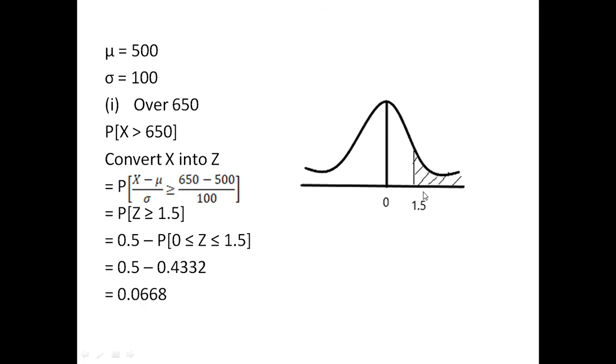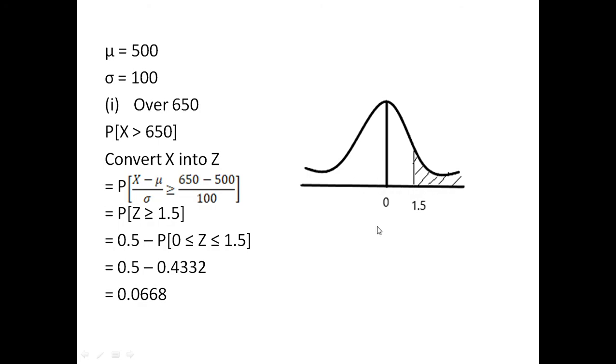Now we need to find the area more than this, but this goes up to infinity. We don't know the closing point, because this never touches the zero line. The table just gives us values from 0 to a certain value, not up to infinity.